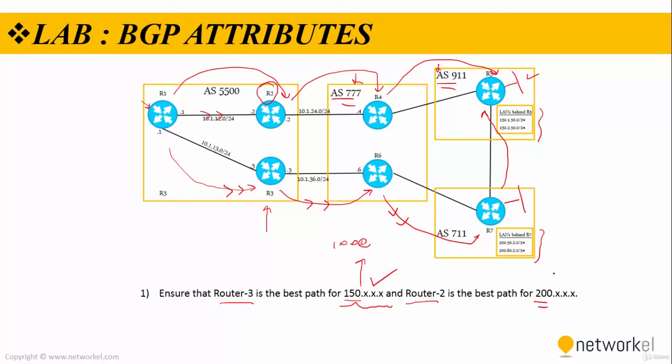And I used the lower local preference value on router 3 again to ensure that router 3 is not the best path for this network, so the other exit point, which is router 2, is the best path for this network.